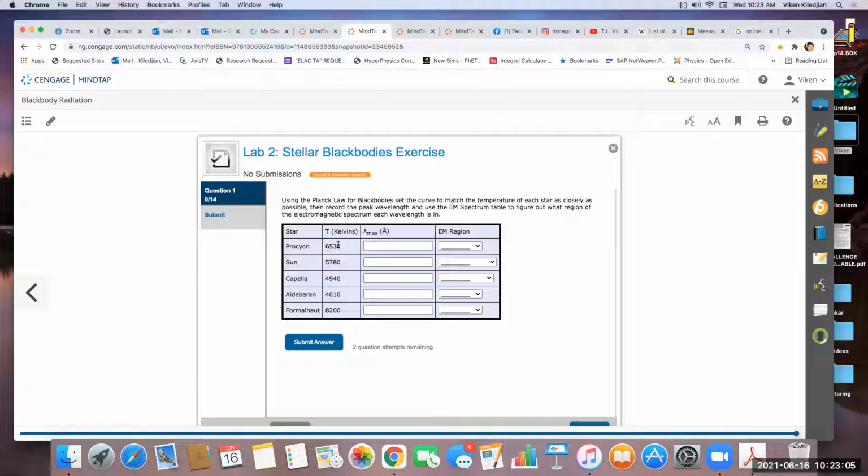So they're giving us the temperature of that star. So these are actual stars in the sky. And they're having us find out their lambda max.